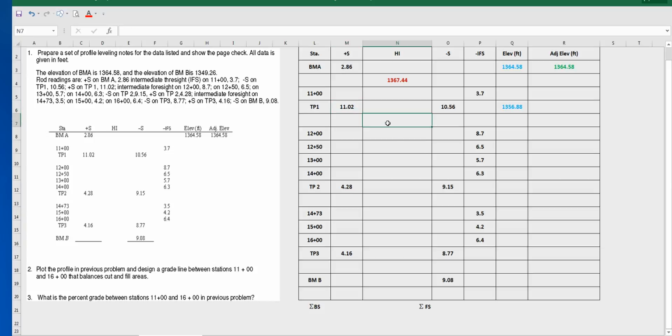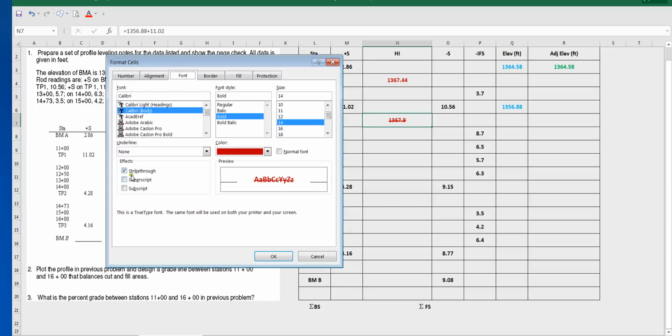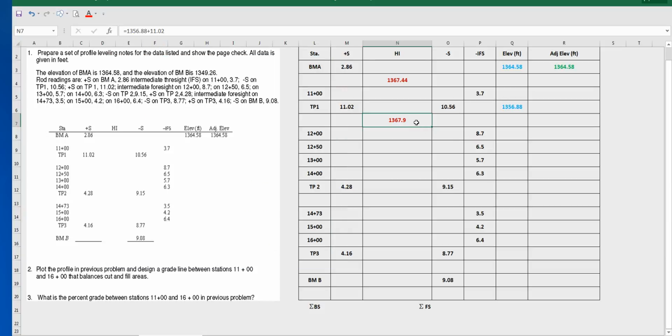That's going to give us the HI. So equals 1356.88 plus 11.02. Let me fix that. There is a strikethrough on that for some reason. Superscript.